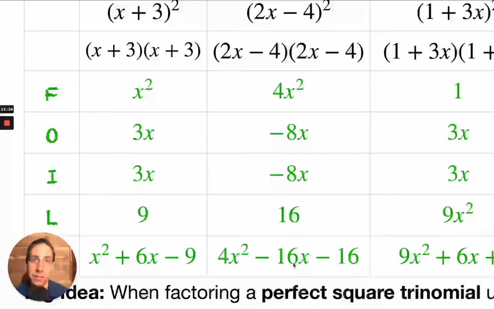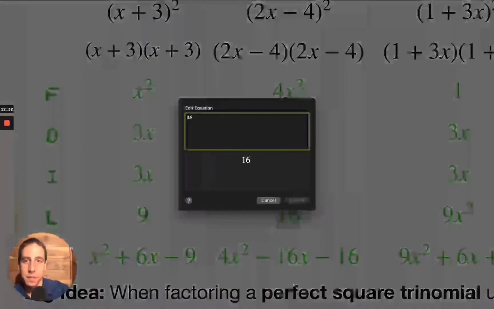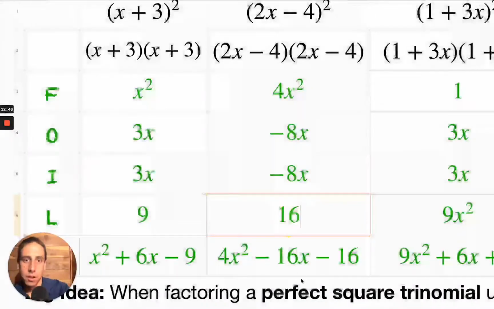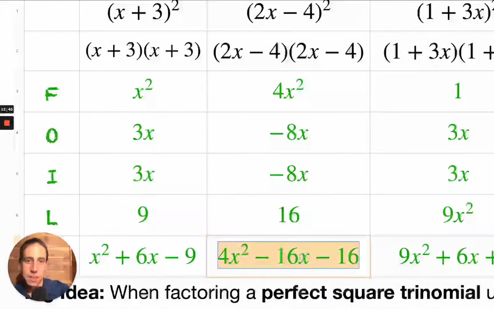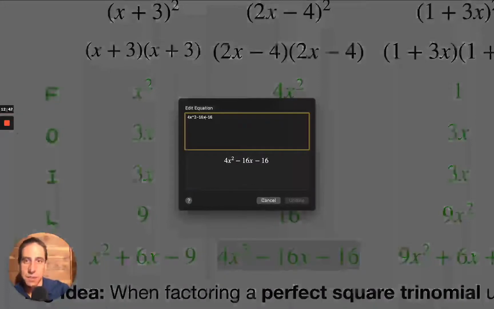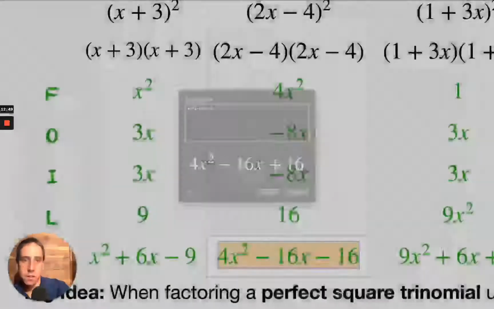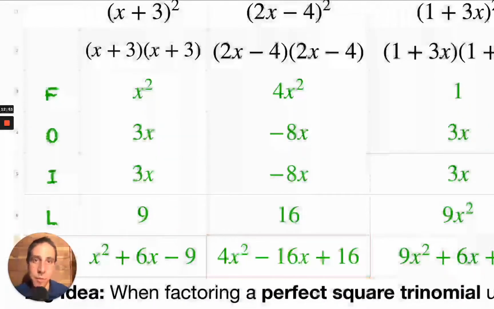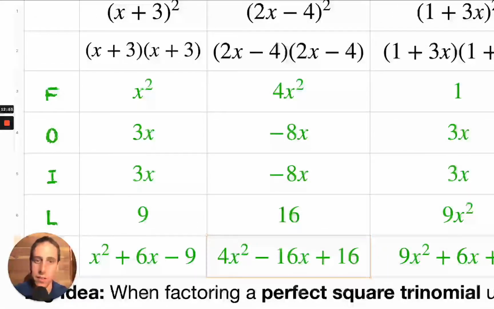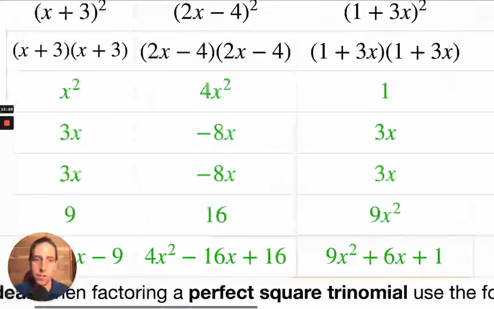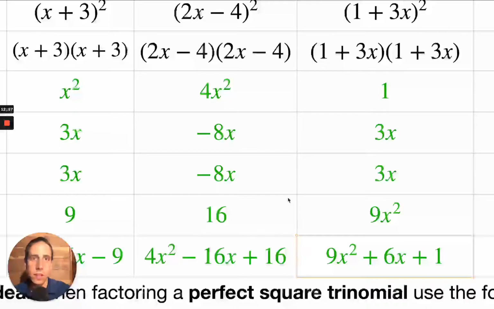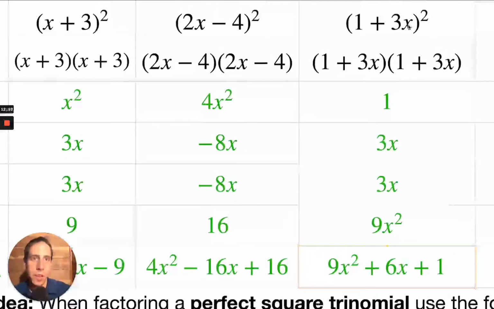Oh, wait, the last term is positive, because negative 4 times negative 4 is positive 16, so we're going to have positive 16 there.